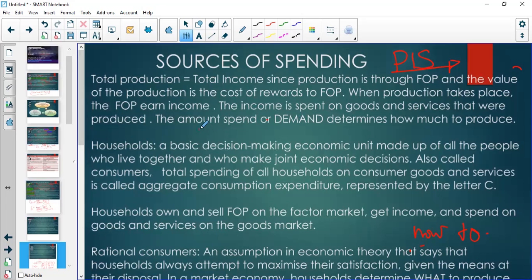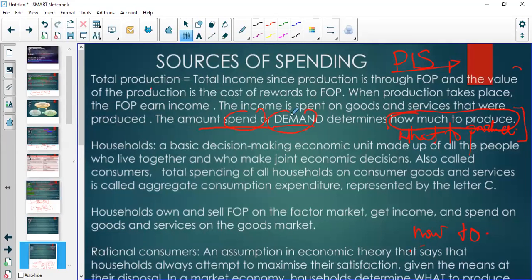So the amount spent, the spending, the amount of spending or the demand, determines how much to produce. It also determines to some extent what to produce, because the firms will produce on the basis of demand.